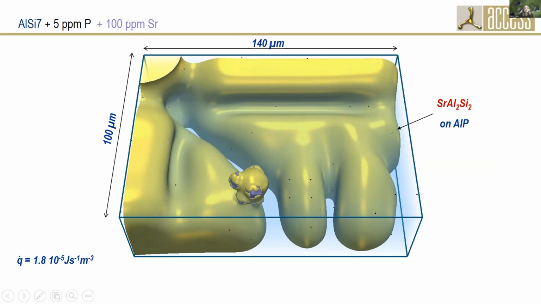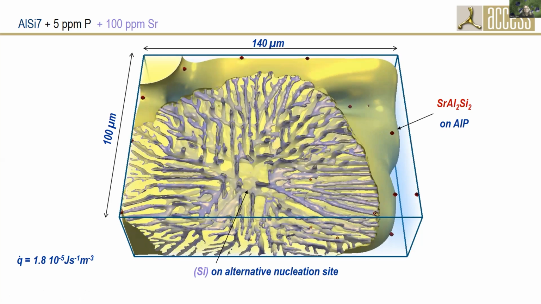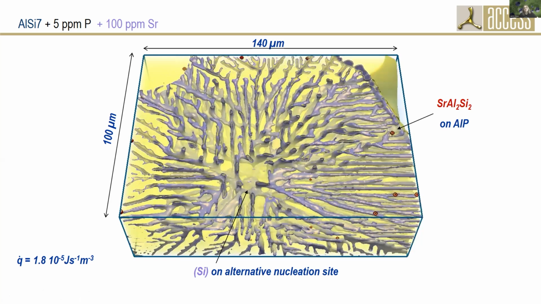Under certain conditions, these strontium silicides become stable before the silicon, and then these sites are poisoned, and the silicon will only nucleate in one of the sites, and then we really get this fibrous modified growth.